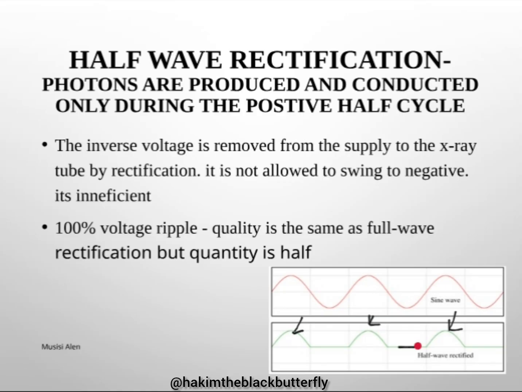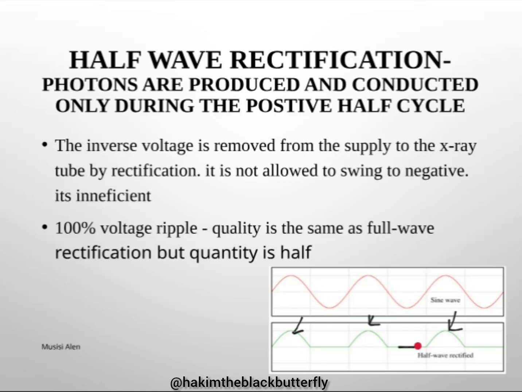That means energetic X-rays are only produced when the voltage is at the maximum. When it is falling to zero, the system is only producing low energetic X-rays. High energetic X-rays are produced when the voltage is at the maximum.